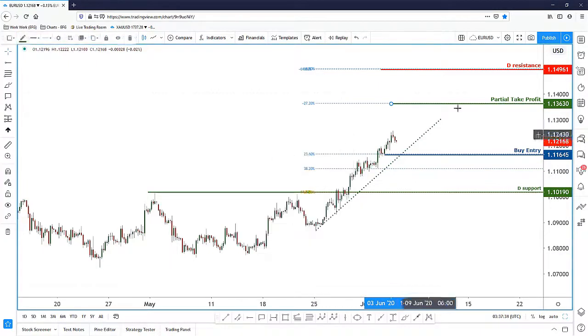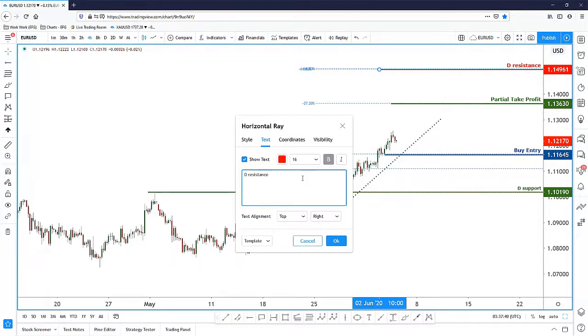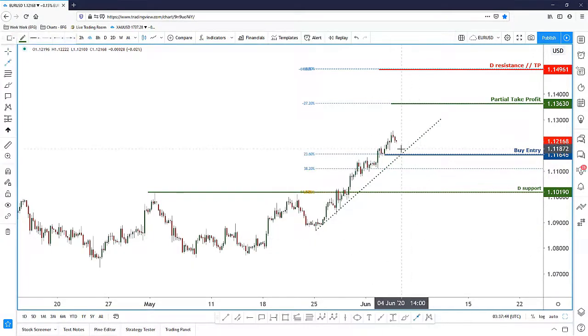The final take profit will definitely be at the daily resistance level. So this is the view that I have on euro dollar. I am waiting for price to come back down to the buy entry, and then I will go long towards the partial take profit and even the daily resistance.